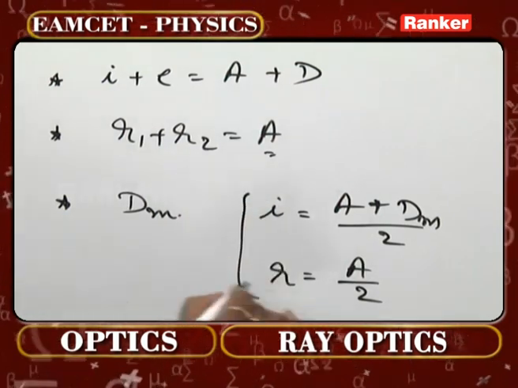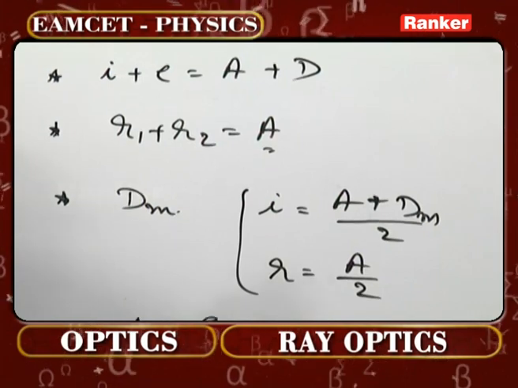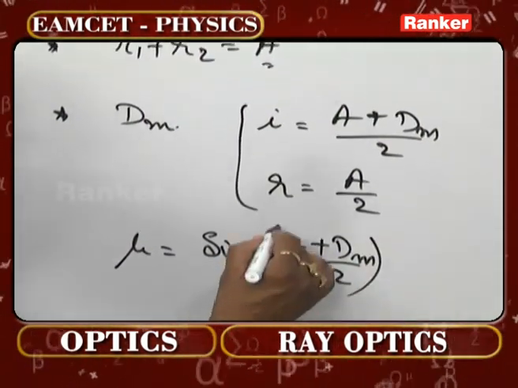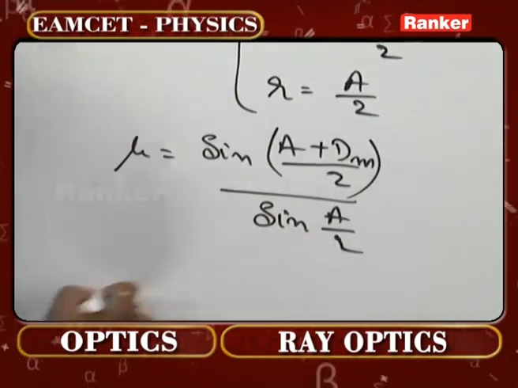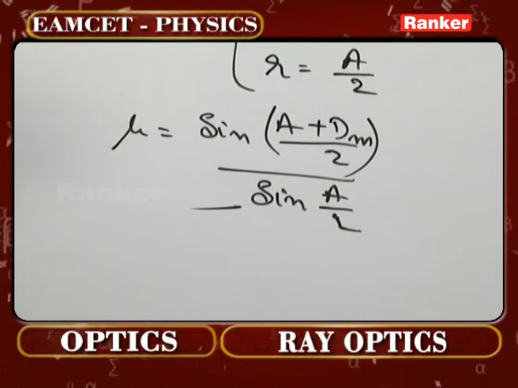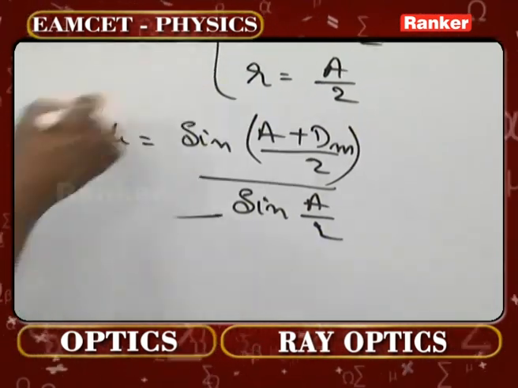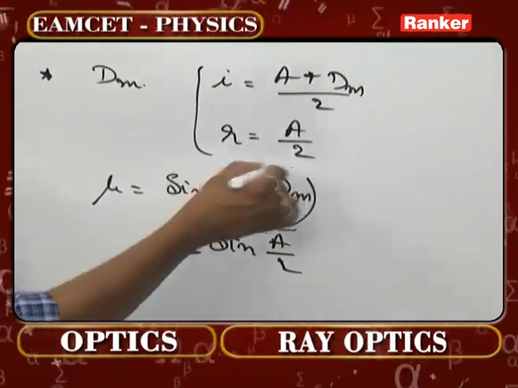So taking these two concepts into account, we can rewrite mu = sin((A + Dm)/2) / sin(A/2). This is the formula which is called the prism equation as such. Here mu gives you the refractive index of the material of the prism with respect to air. That is actually the formula.